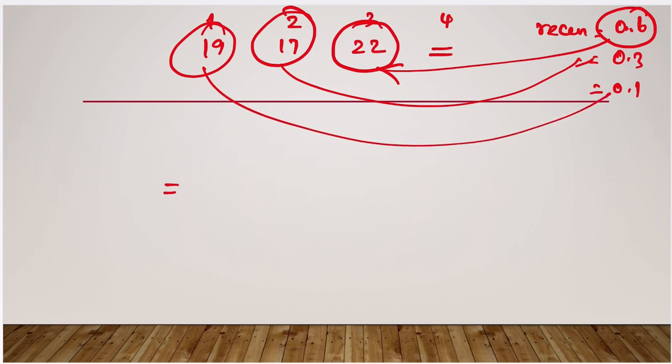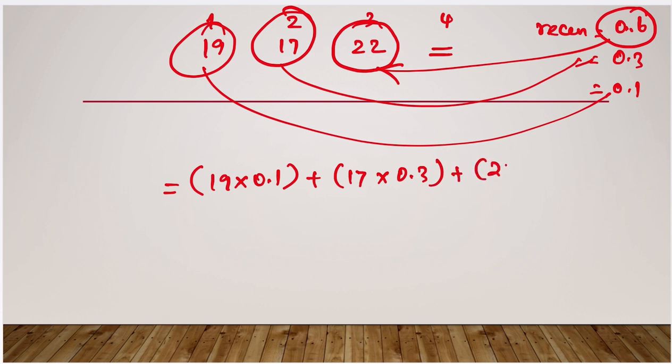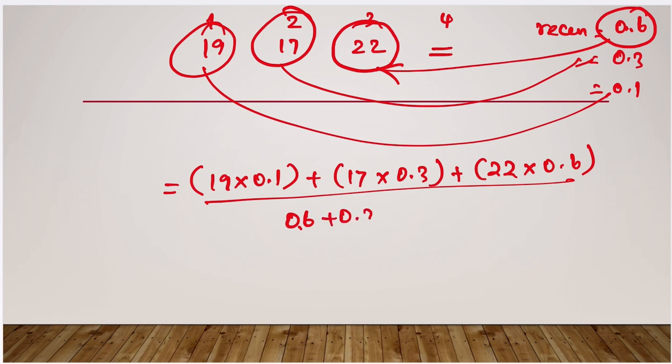Likewise, we should make a formula: 19 by 0.1 plus 17 by 0.3 plus 22 by 0.6, divided by the summation of all the weightages, 0.6 plus 0.3 plus 0.1.